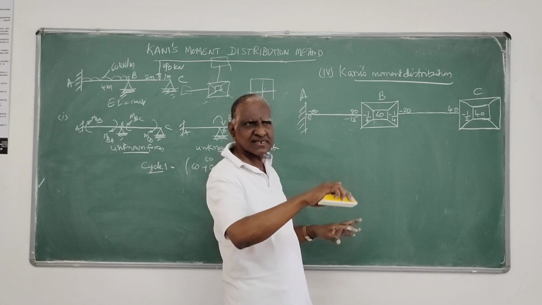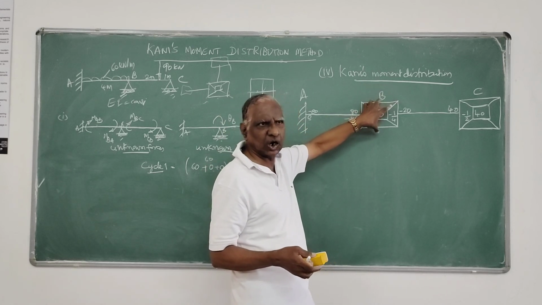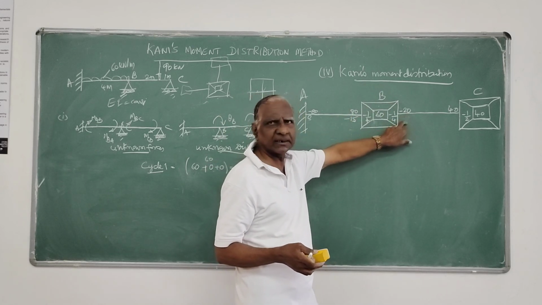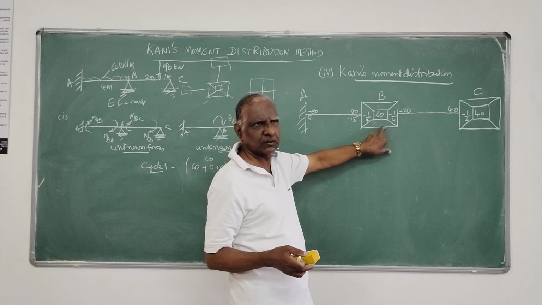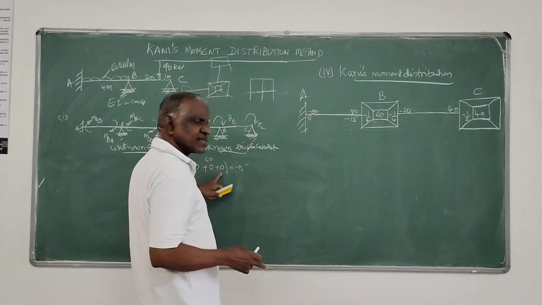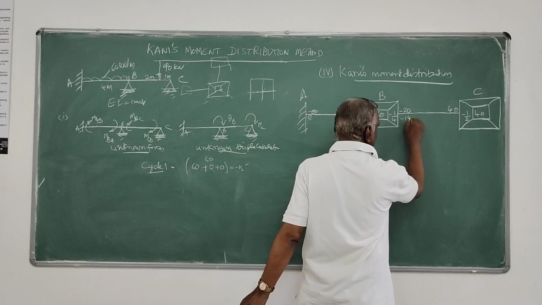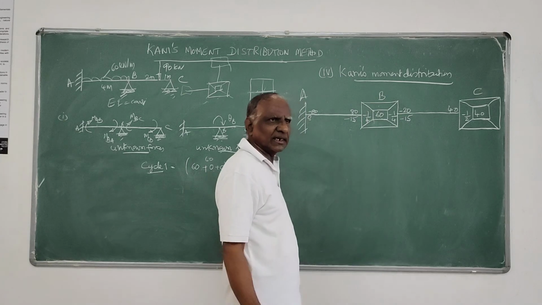It is only 60 is the total moment. That 60 moment at the joint B, it will be shared by this member in proportion to this rotation factor. That's again 60 is the total moment, that into minus 1 by 4, that is minus 15 here.